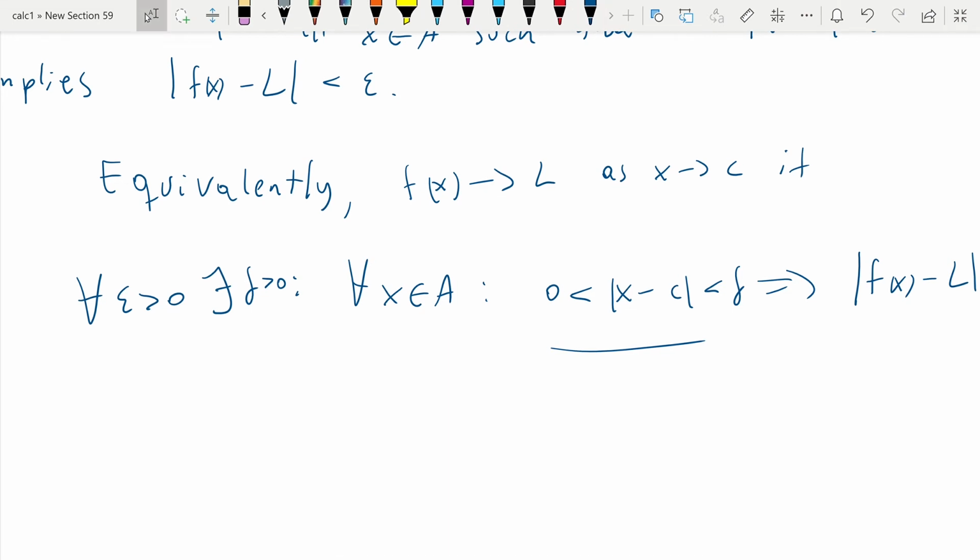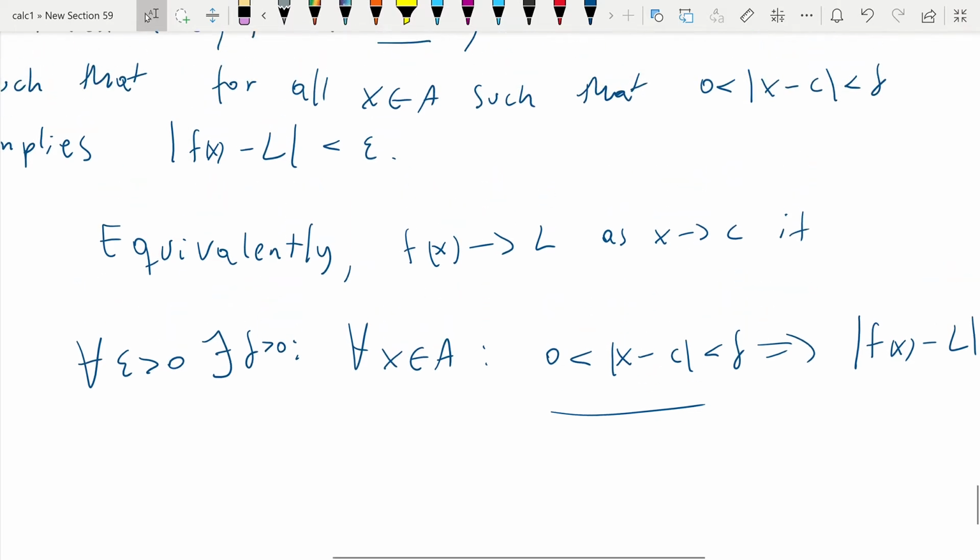Okay, so this is the actual mathematical statement of the limit of a function. This is the statement that allows us to make rigorous the notion of the function f tending to a particular value as x approaches a certain number c.